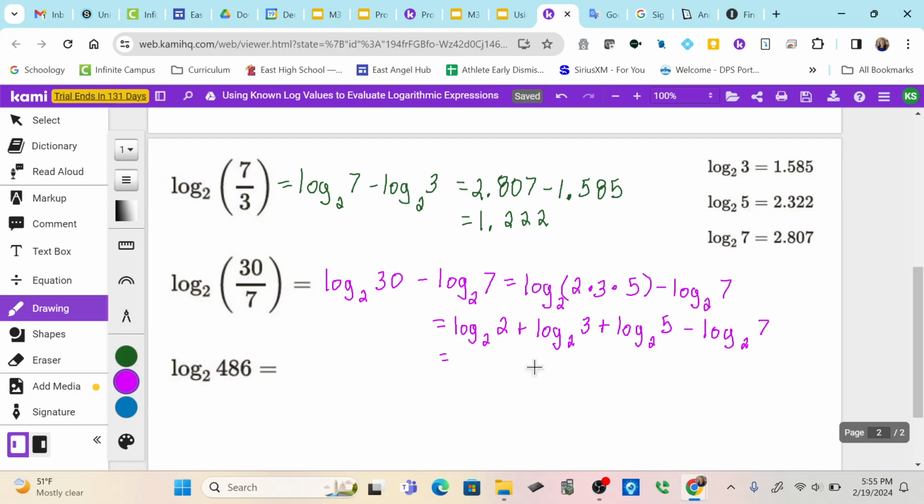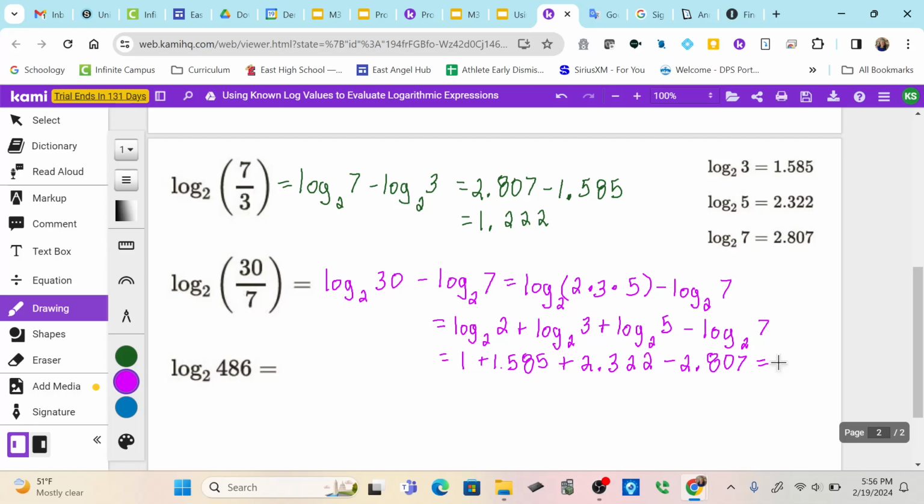And if I replace each of those with the values they're equivalent to, log base 2 of 2, base and argument are the same, has a value of 1, plus log base 2 of 3 is 1.585, plus log base 2 of 5 is 2.322, subtract log base 2 of 7, 2.807.